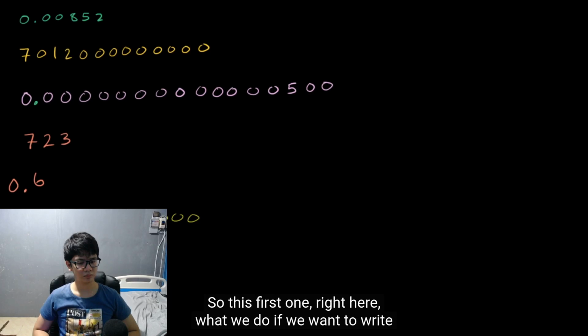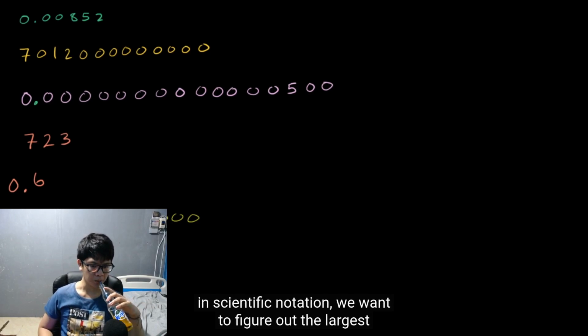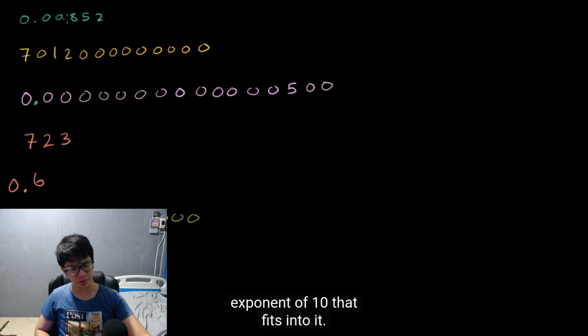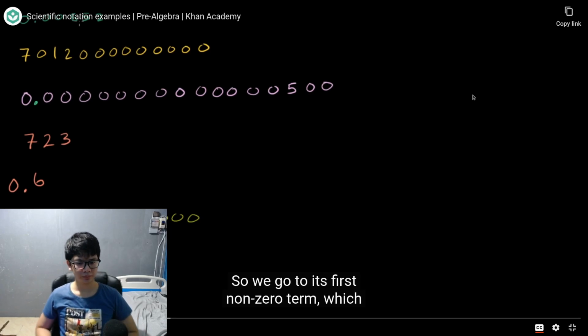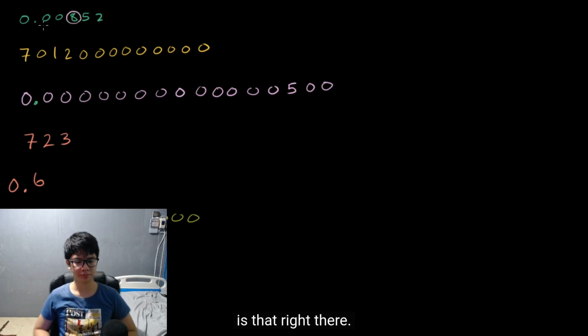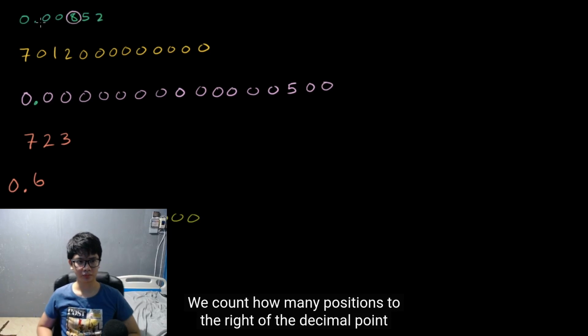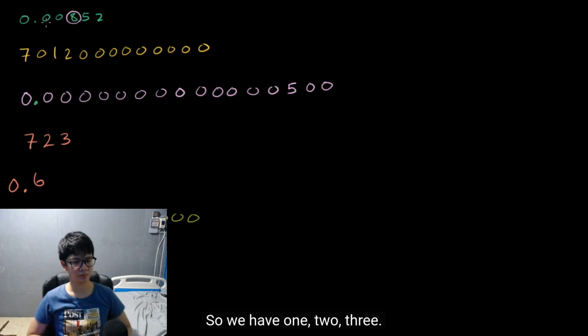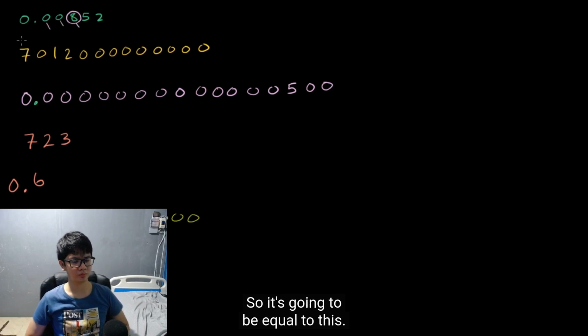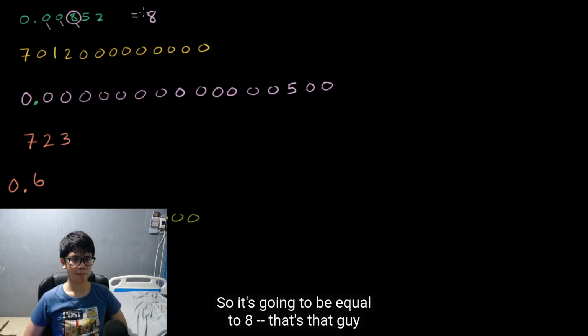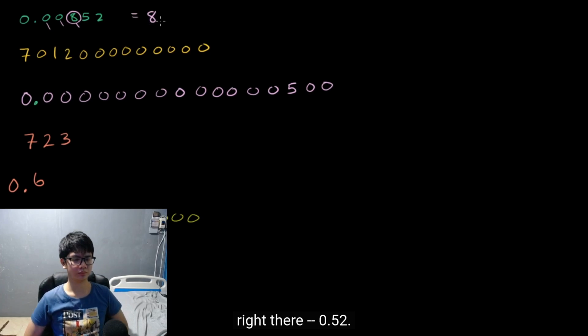So this first one, right here, we want to write in scientific notation. We want to figure out the largest exponent of 10 that fits into it. So we go to the first non-zero term, which is that right there. We count how many positions to the right of the decimal point we have, including that term. So we have 1, 2, 3. So it's going to be equal to 8, that's that guy right there, 0.52.